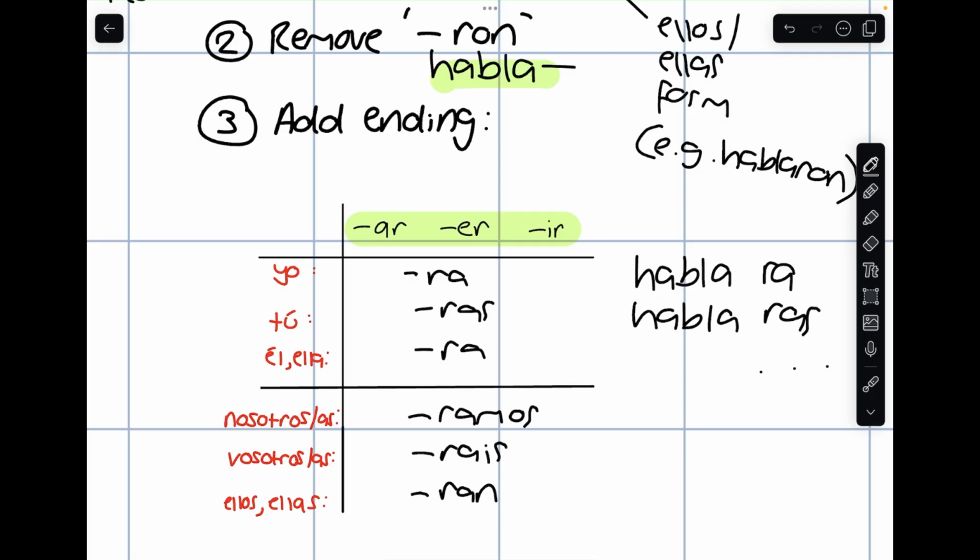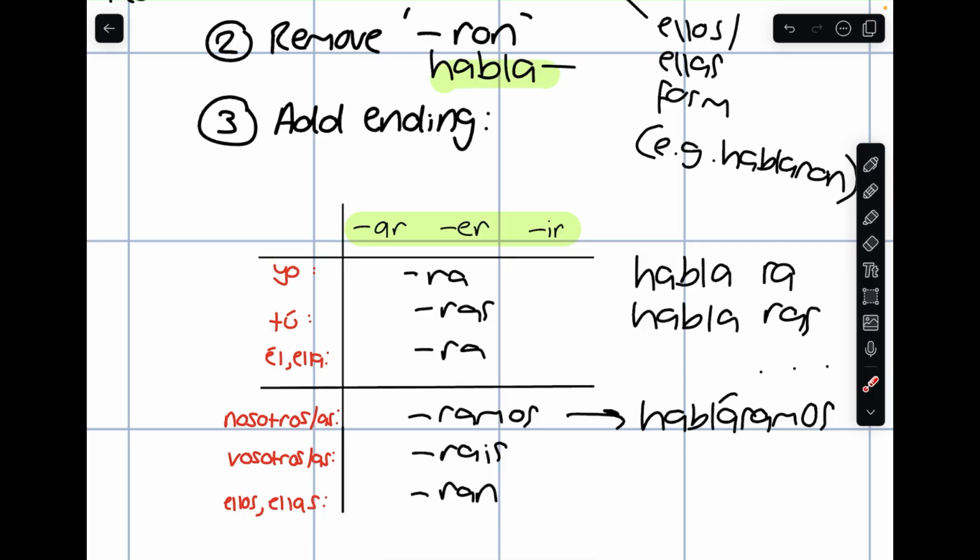So hablara, hablaras, hablara, habláramos, hablarais, hablaran. Something to note with the we form is we add on the ending, and then the accent will need to be going on the vowel that precedes the ending. So habláramos in this instance.